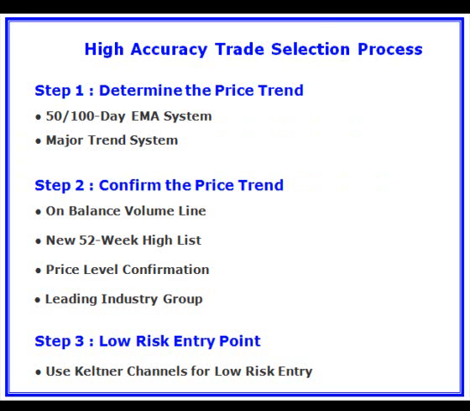Let's first take a look at my high accuracy trade selection process for stocks. I use a 3-step trade selection process to select stocks with the best profit potential. The first step is we want to determine the price trend, and I use 2 trend following indicators to determine the price trend: the 50-100-day EMA system and the major trend system.